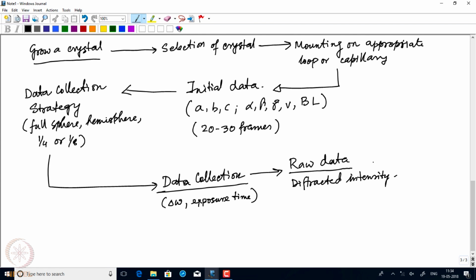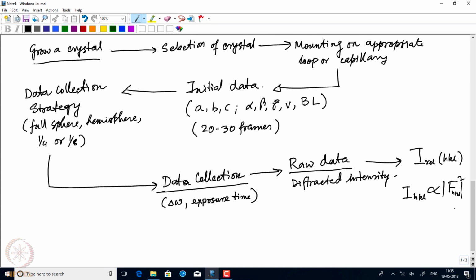This raw data is converted to some I relative for every HKL by applying corrections, and as we know, I HKL is proportional to modulus of F HKL square, so one can convert the intensity to the corresponding structure factors and use it for structure solution.